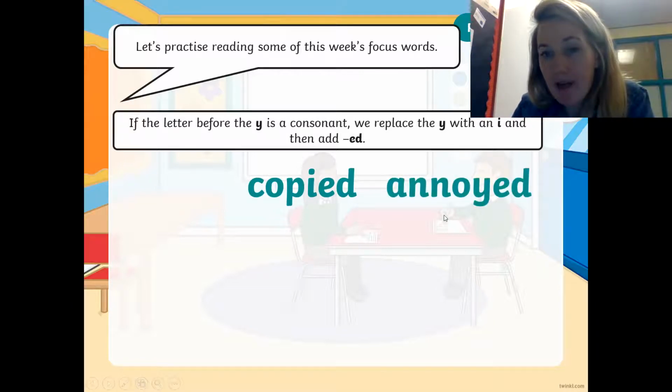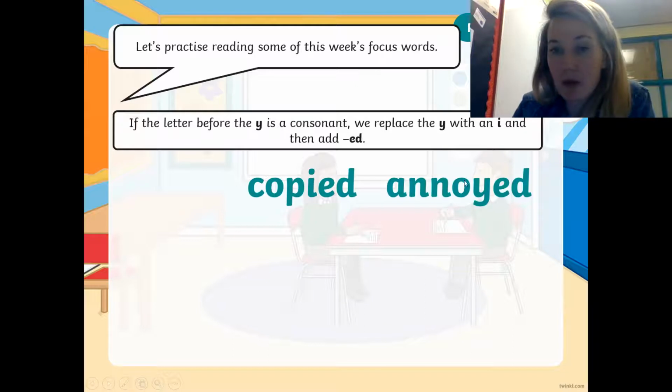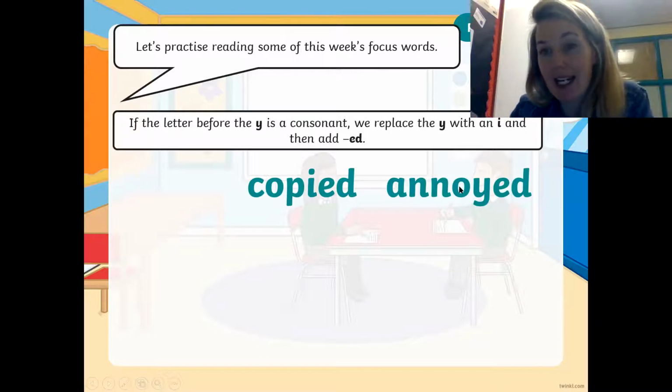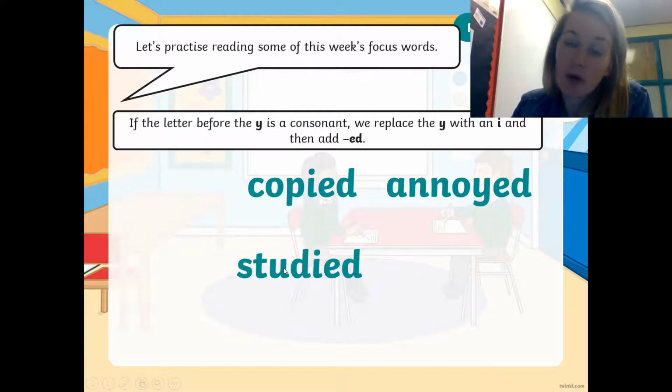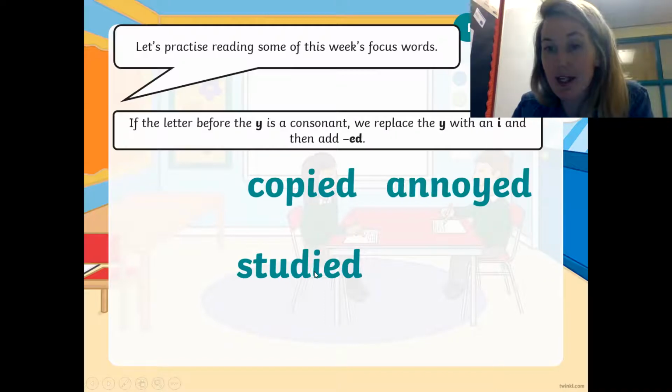But look, if the letter before the Y is a vowel, like A, E, I, O, and U, so this one here is an O, then you leave the Y alone and you just add ED. So here for study, the letter before the Y was a consonant, so you needed to change the Y to an I, okay? And the same again for worried, studied and worried.